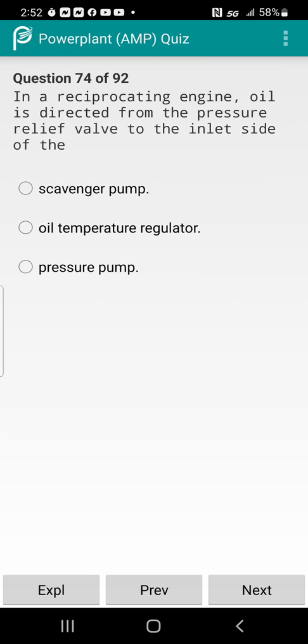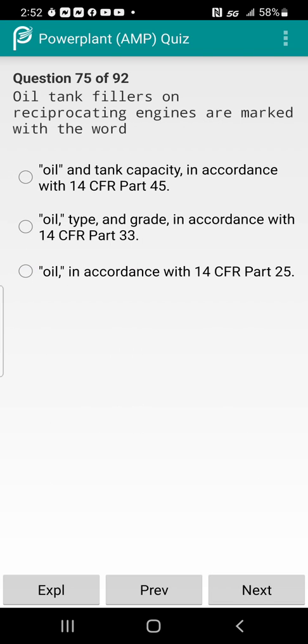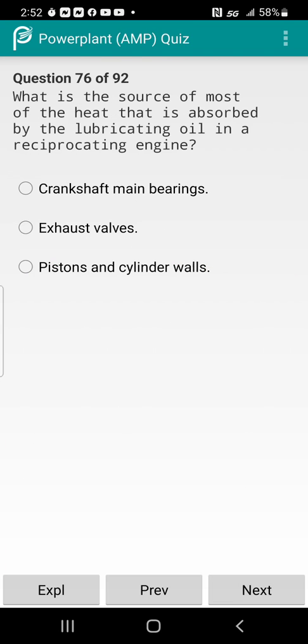In a reciprocating engine, oil is directed from the pressure relief valve to the inlet side of the pressure pump. Oil tank filters on a reciprocating engine are marked with the word oil in accordance with FAR Part 25.